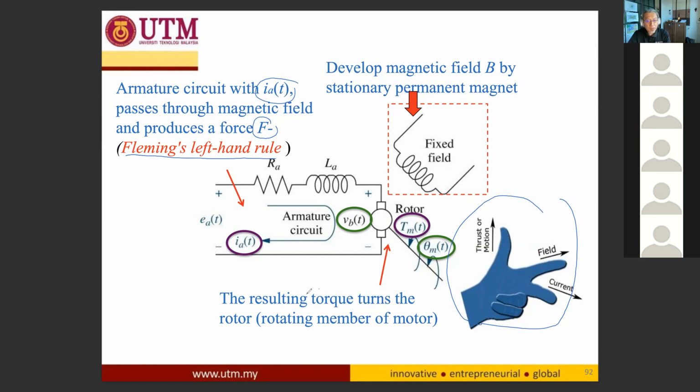So the resulting torque turns the rotor, rotating the motor clockwise. And the fixed circuit here is to develop the magnetic field B by a stationary permanent magnet.